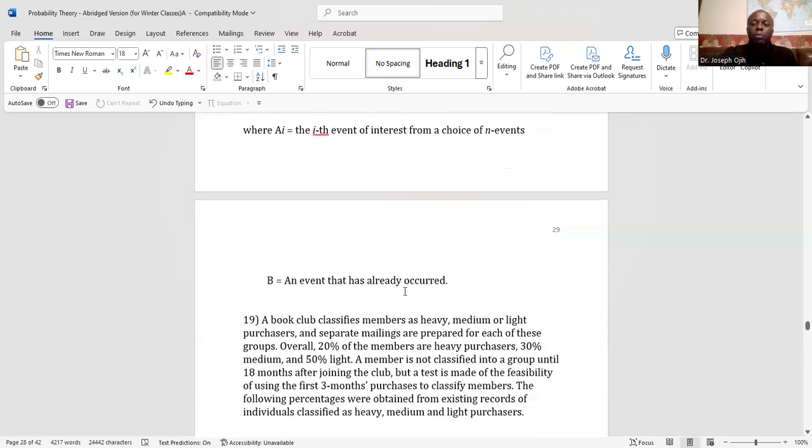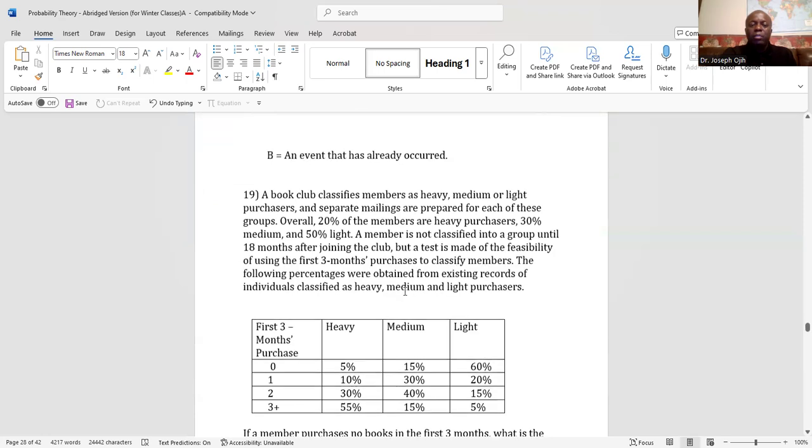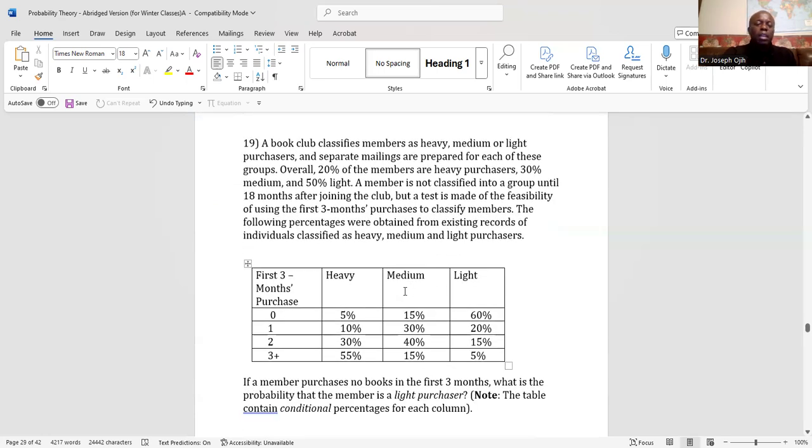Now, when we solve an example or two, this will become more clear. Let's look at this example. A book club classifies members as heavy, medium, or light purchasers, and separate mailings are prepared for each of these groups. Overall, 20% of the members are heavy purchasers, 30% are medium, and 50% are light.